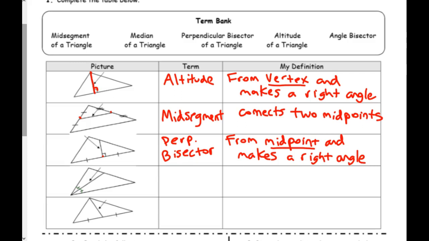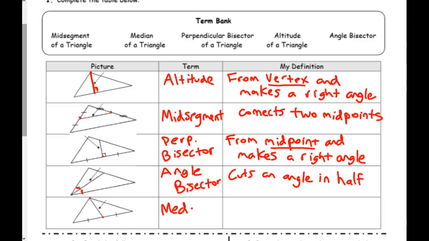Alright, so this one cuts the angle in half. That's called an angle bisector. Last one starts at a vertex, ends at a midpoint.